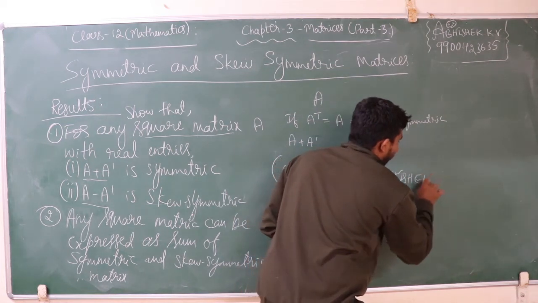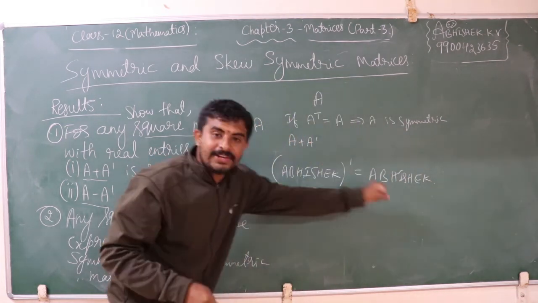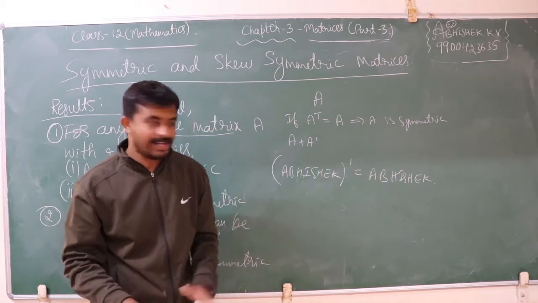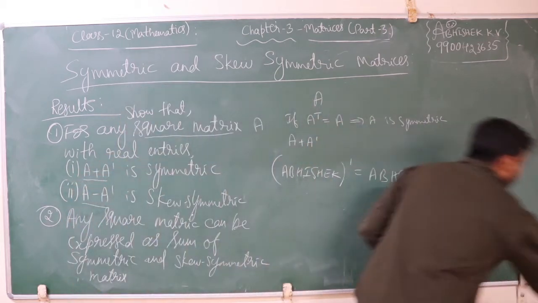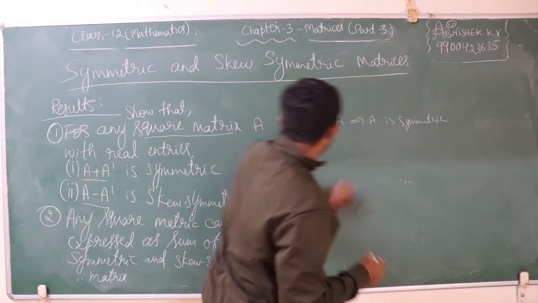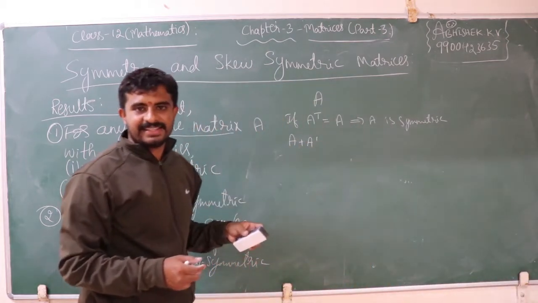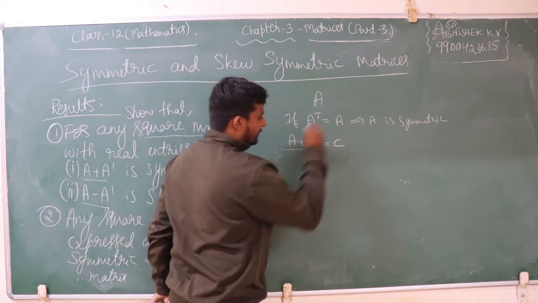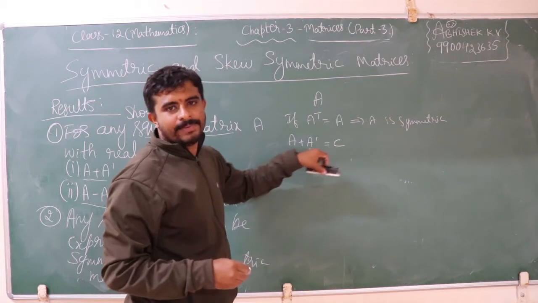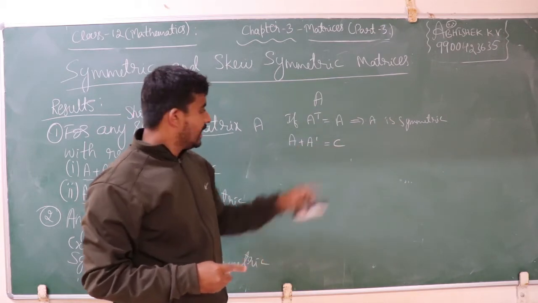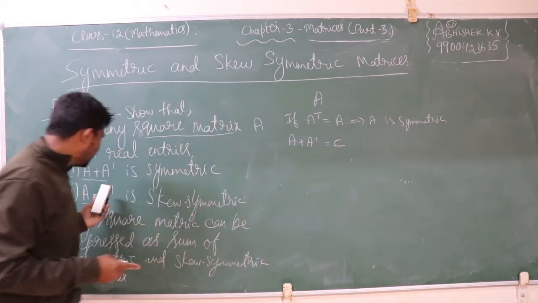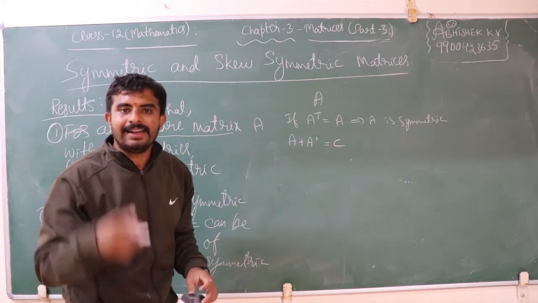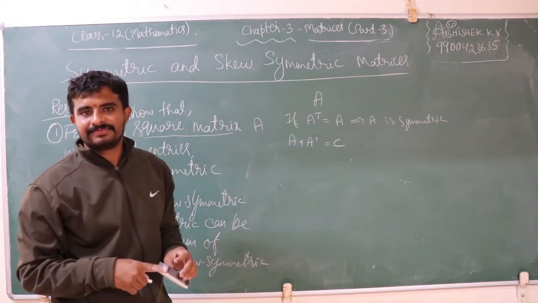Is it clear? So, similarly, call A plus A transpose as C. C is said to be symmetric. We need to prove what? C transpose is equal to C.